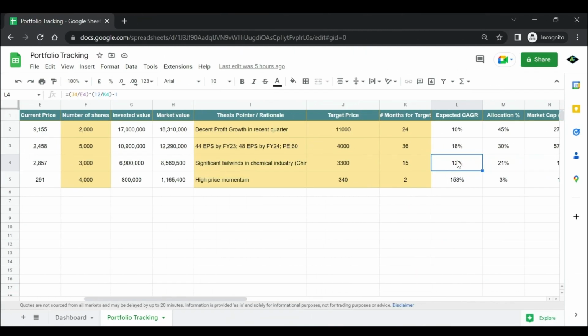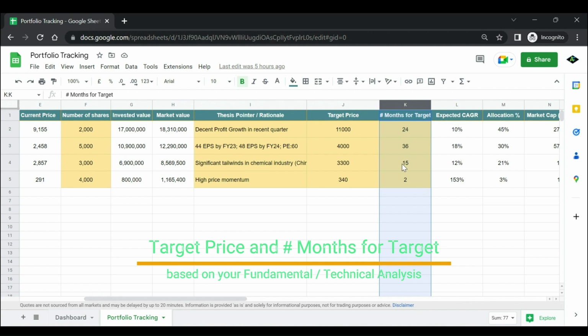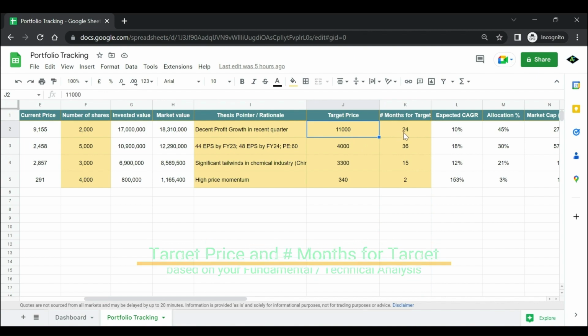The expected CAGR is very important, and the overall expected CAGR you can calculate using this column and then utilizing the allocation column in column M. One thing I would like to highlight is that column K, number of months for target, is based on your analysis. That based on your fundamental analysis or technical analysis, this target price will be achieved in 24 months.